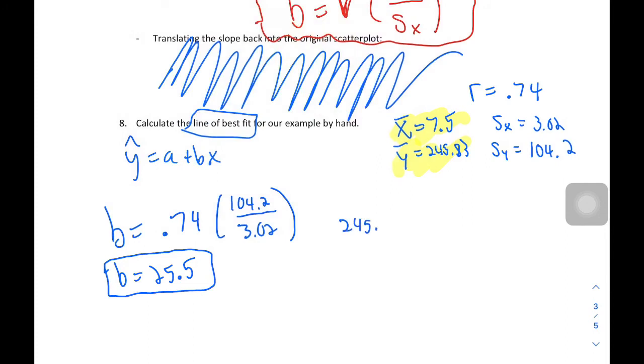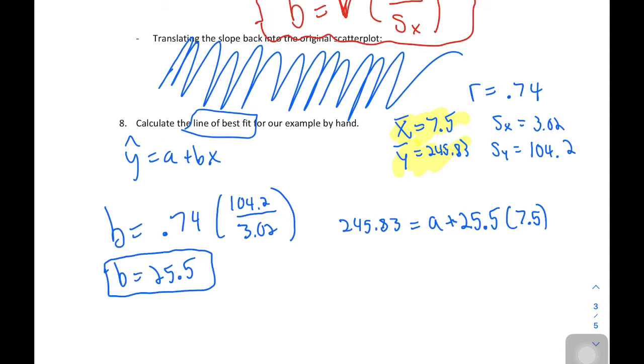Y bar is 245.83 equals, we don't know what a is. Remember, a is our y-intercept. Plus b, our slope, times x bar, which is 7.5. And then this is simple algebra, guys.